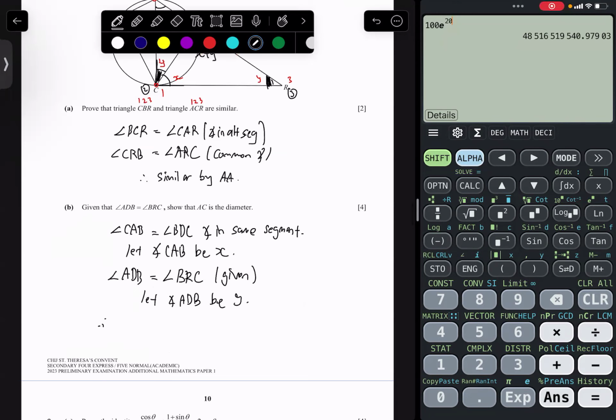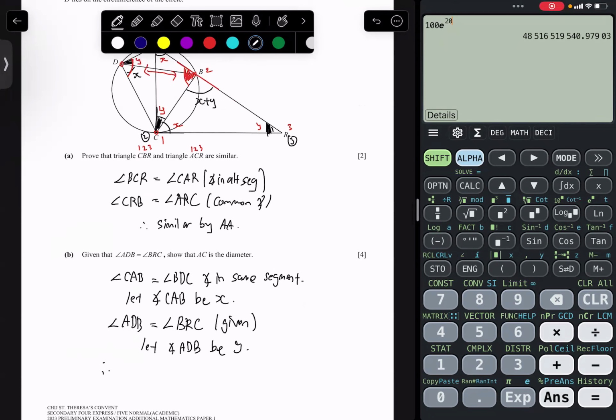Therefore, angle CBR is equal to angle X plus angle Y, angles in opposite segment.